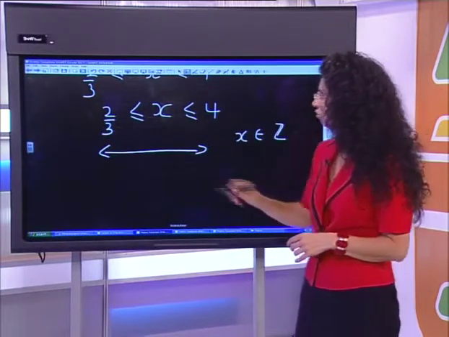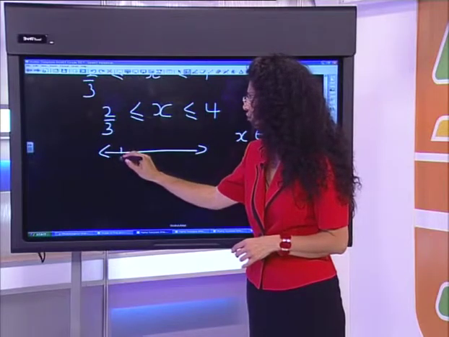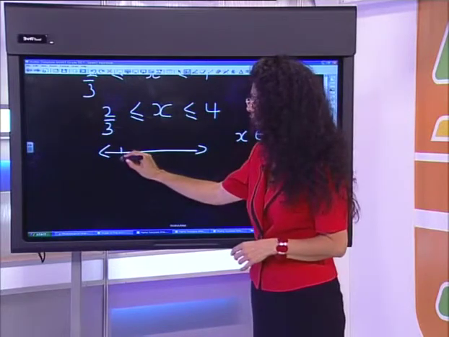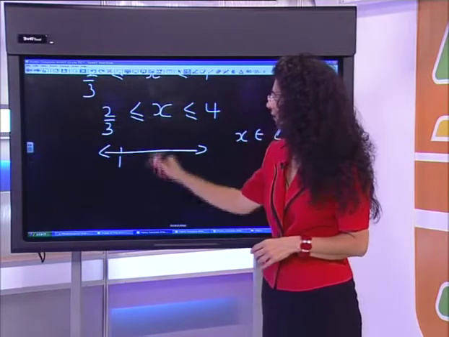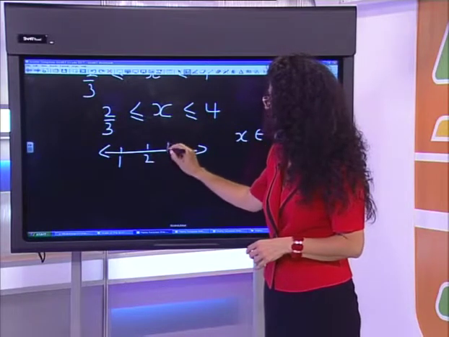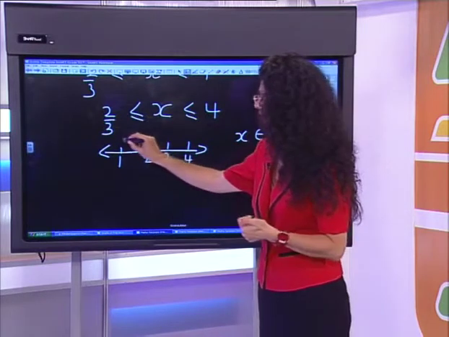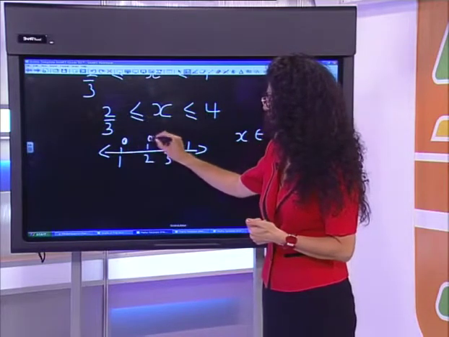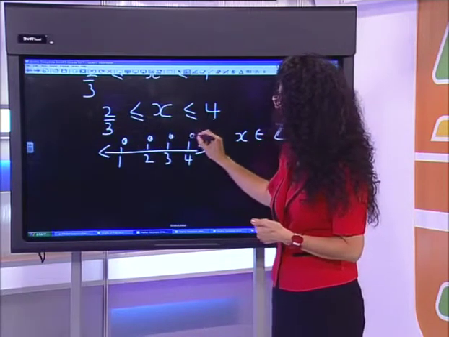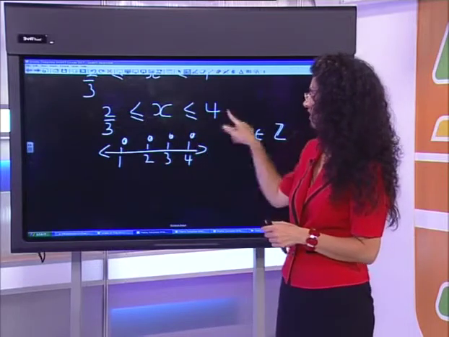If x was an integer, you'd have to start with the first integer after 2/3, which would be the integer 1. And then you'd have a 2, 3, and a 4. So your number line would have the number 1, the number 2, the number 3, the number 4. There would only be 4 values that would satisfy that.